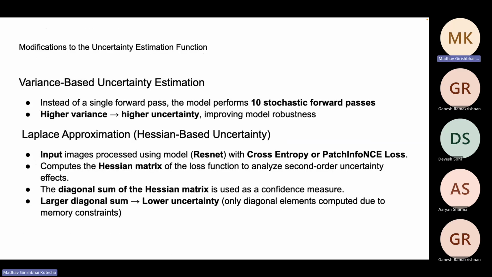The uncertainty confidence thing that I described in the earlier paper, we try to modify that uncertainty estimation by incorporating certain uncertainties which were derived from this Bayesian paper, like the Laplace approximation, which was based on Bayesian uncertainty. We try to add this uncertainty and see how the model has performed, whether it is moving towards a better model function.